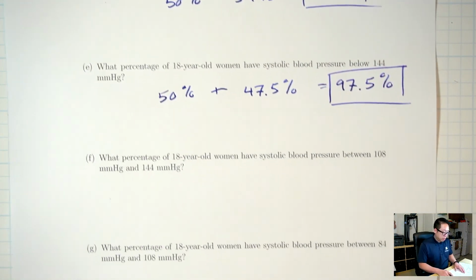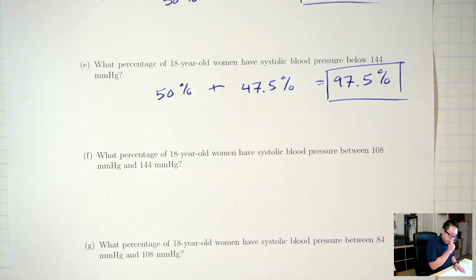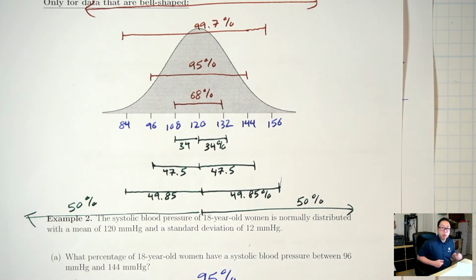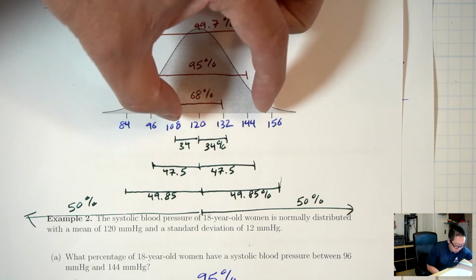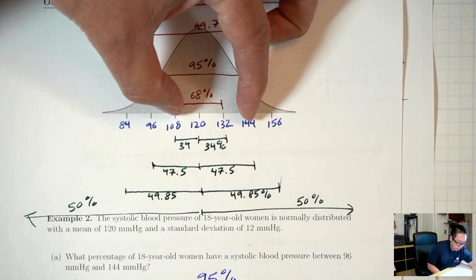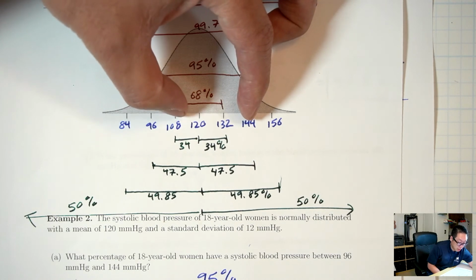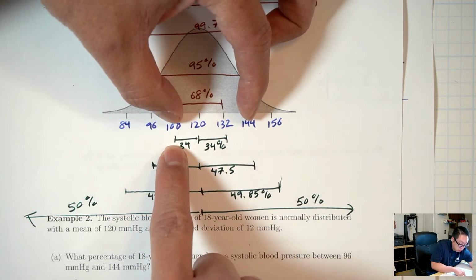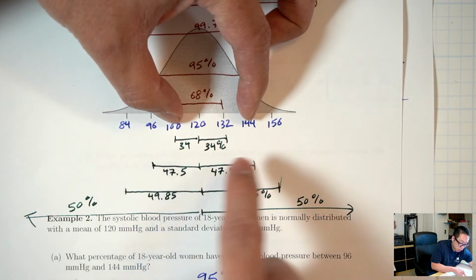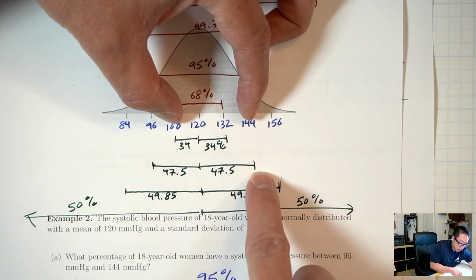Part F. What percentage of 18-year-old women have blood pressure between 108 and 144? Okay, my left side is touching the 34, so I know it should involve 34. My right side is touching the 47.5.